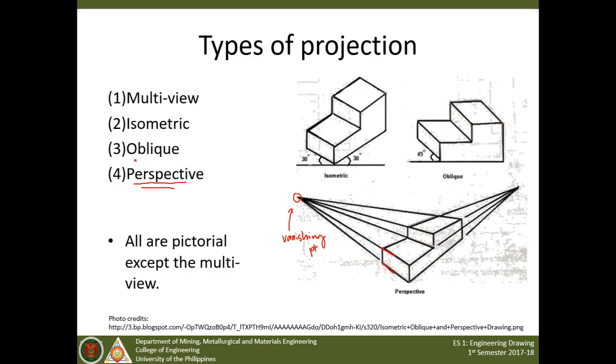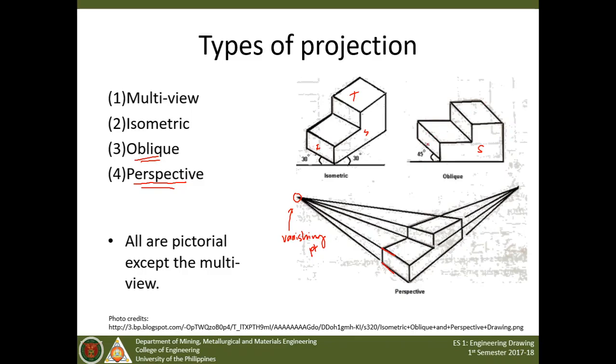Then we also have your other pictorial type of projection, which is the oblique, wherein you are highlighting one of the planes. In this case, if this is your side view, this is front and this is top, we are saying that the side view here is shown in its true shape, while the other two views are shown in an oblique manner.